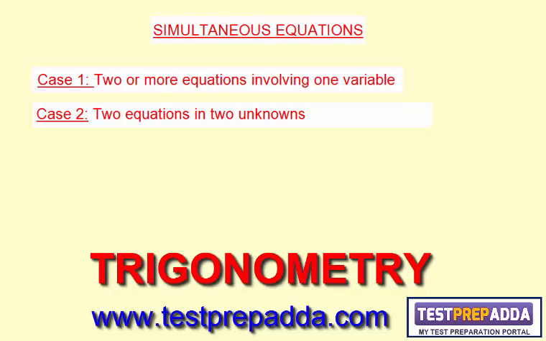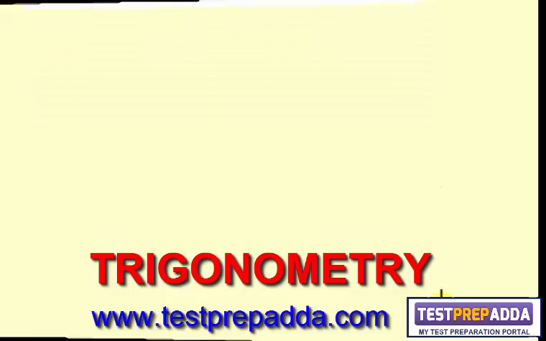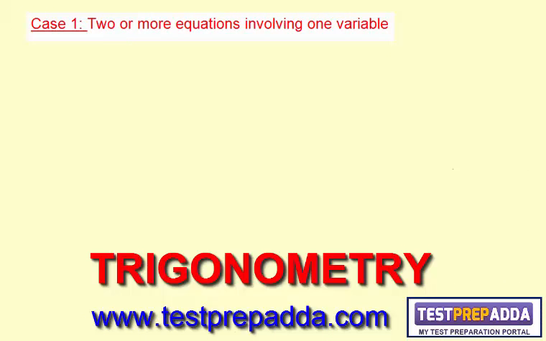First, I'll take case 1. Here I'll discuss different questions to understand this. Case 1, where two or more equations will involve one variable. So I'm going to take here different questions.